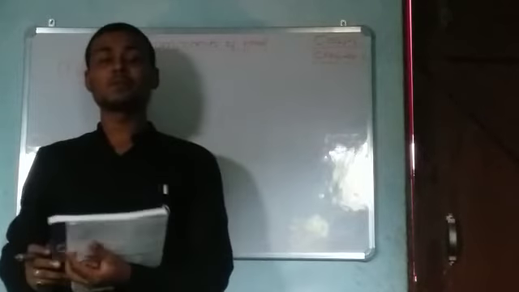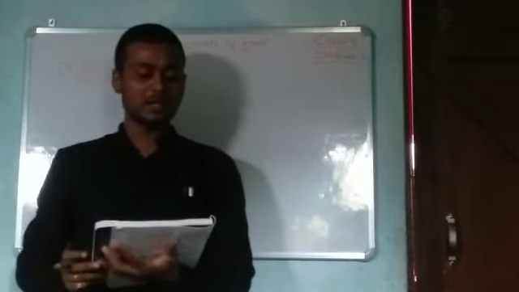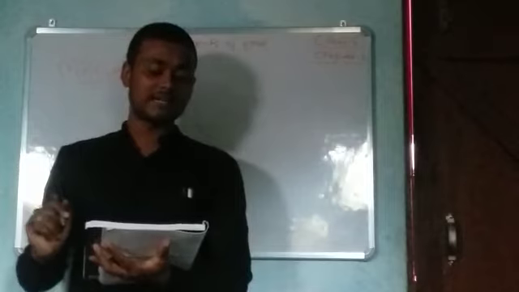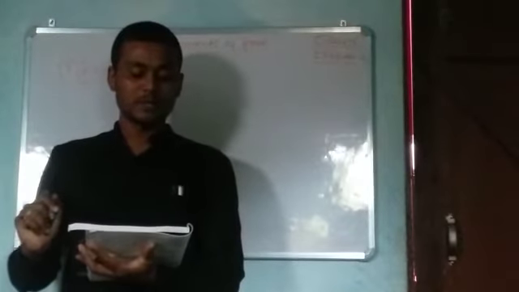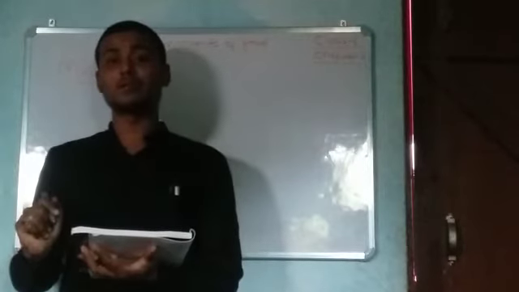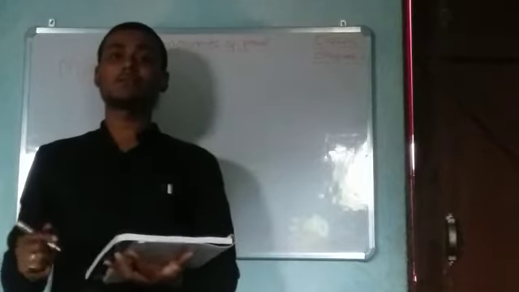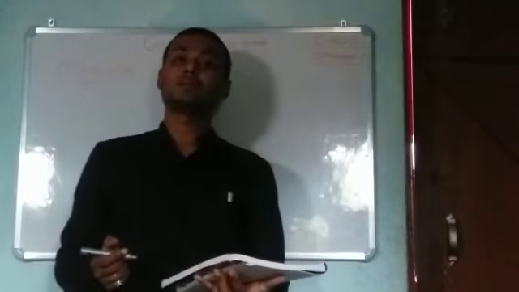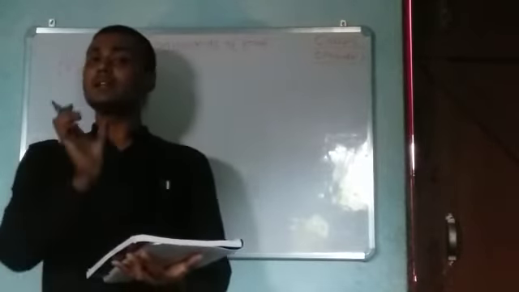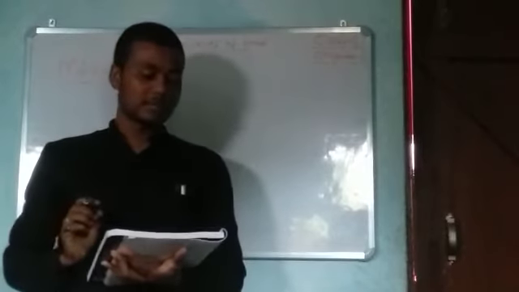So you have to focus on table 2.2, in which some minerals are there like iron, calcium, phosphorus, potassium, sodium, iodine and fluorine. These are the minerals which are very useful, but needed in little amounts in our body.